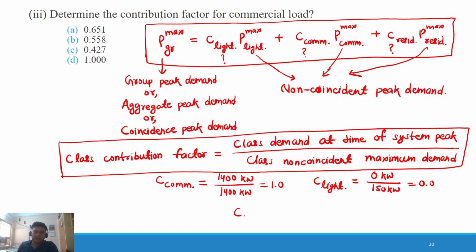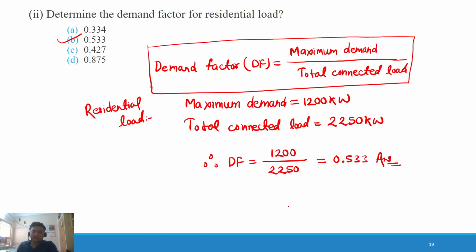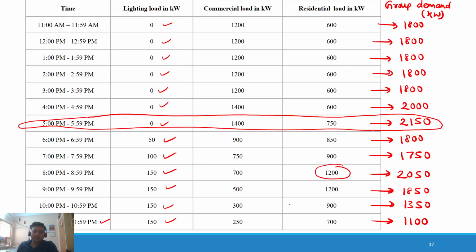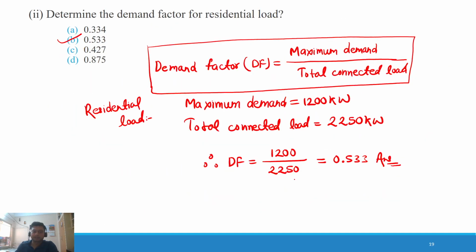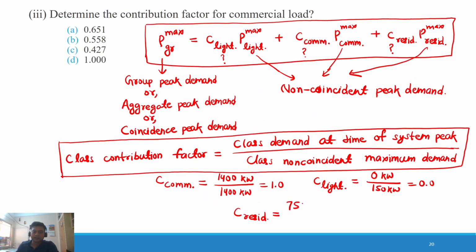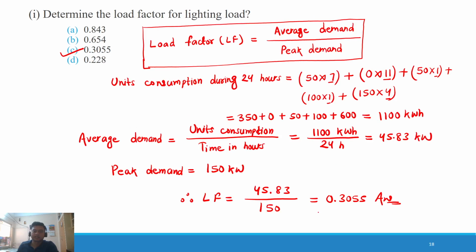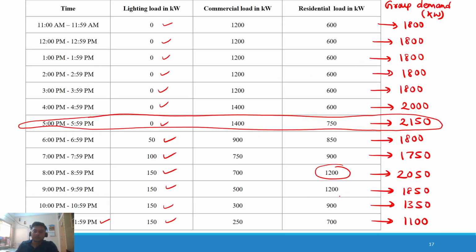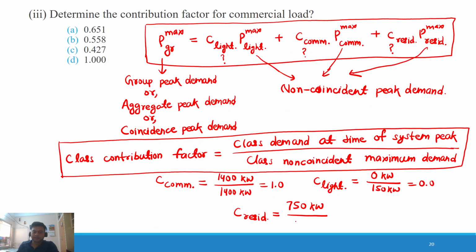We can also find similarly the contribution factor for residential load. The power demand during the system peak for residential load is 750 kilowatt, and the non-coincidence maximum demand for the residential load is 1200 kilowatt. So 750 over 1200 kilowatt will give you 0.625.